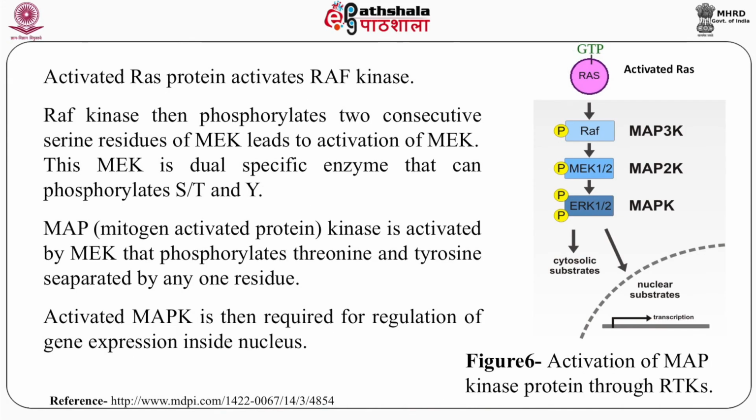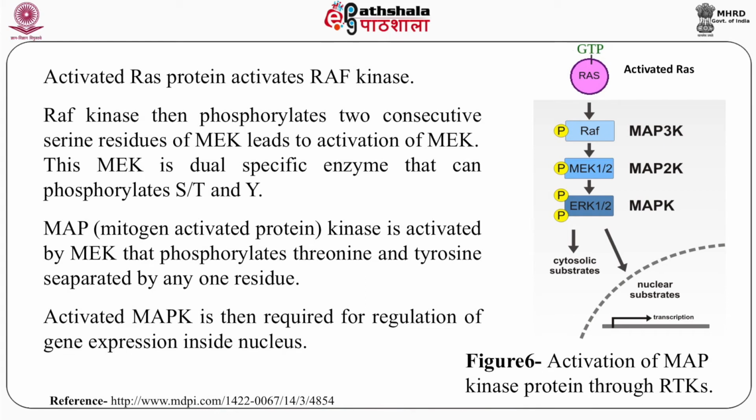Now, activated RAS protein activates RAF kinase. RAF kinase then phosphorylates two consecutive serine residues of MEK, which leads to the activation of MEK. This MEK is a dual-specificity enzyme that can phosphorylate serine or threonine or sometimes tyrosine.